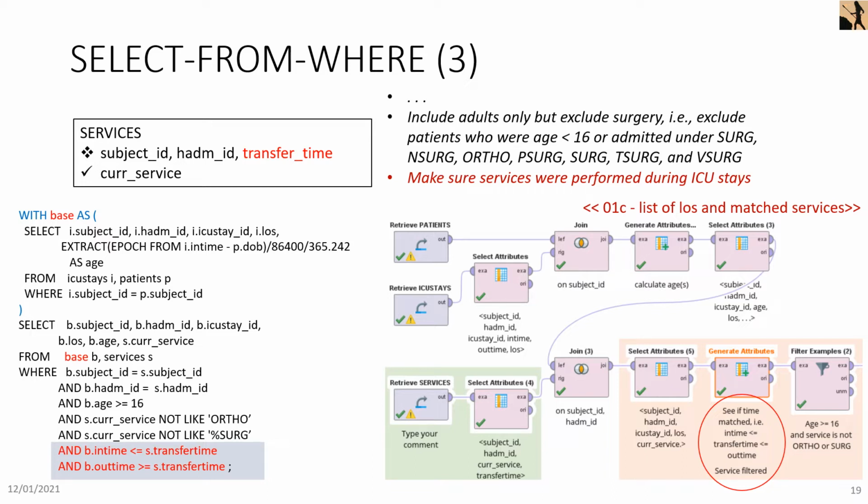But here, if we want something like in between, or and, or more complicated logic, then we use generate attributes to indicate the logical determination of this particular condition. And then later we can filter them based on this indicator. Okay, that should make sense if you look at this flow.